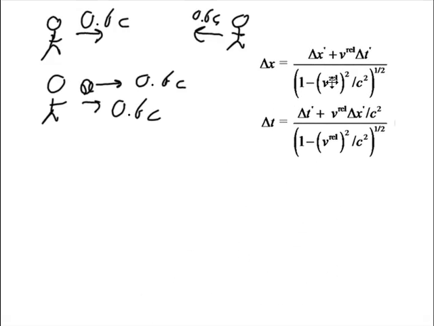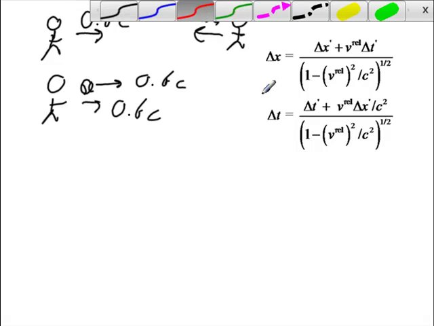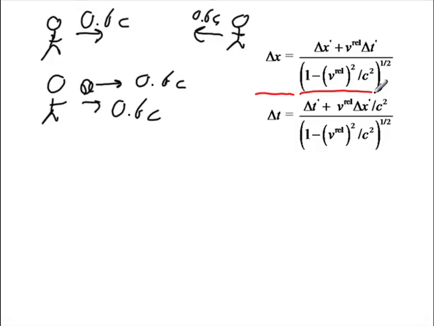Let's look at these equations here. I've got delta x and delta t in terms of delta x primed and delta t primed. If I simply divide the two equations, well then on the left-hand side I have delta x over delta t. That's the velocity in the rest frame.